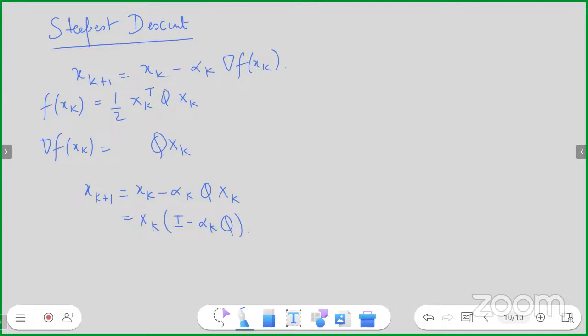So typically we look at the speed of convergence as the norm of x_{k+1} minus x star over x_k minus x star. Here x star is 0, so all I can do is just look at x_{k+1} over x_k. That is nothing but I minus alpha_k Q.